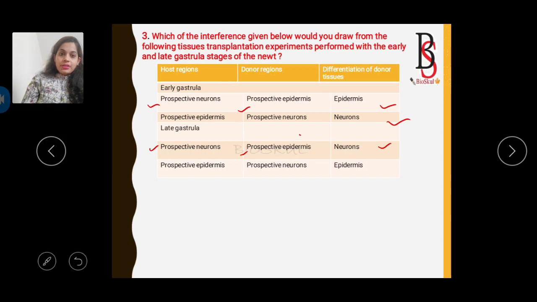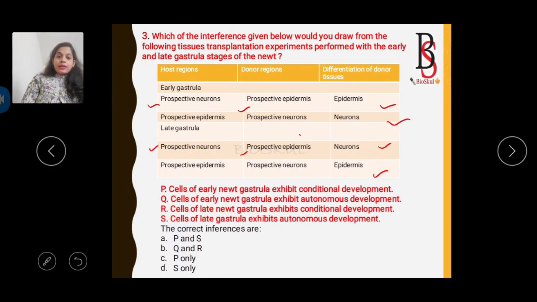Prospective epidermis, host region, prospective neuron in donor region, then the donor tissue differentiates into the epidermis. So what is the question? Cells of early gastrula exhibit conditional development. Yes, it exhibits conditional development because the cell fate is determined by the neighboring cells. Second option, cells of early gastrula exhibit autonomous development.